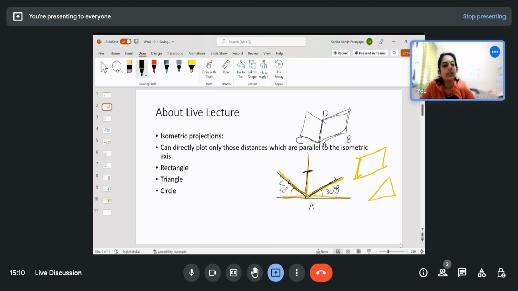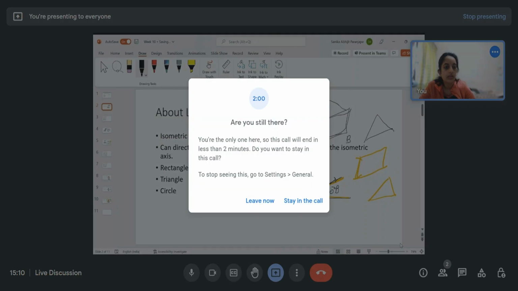But let's say instead of such a cuboid, you have something like this, which is a kind of a pyramid.